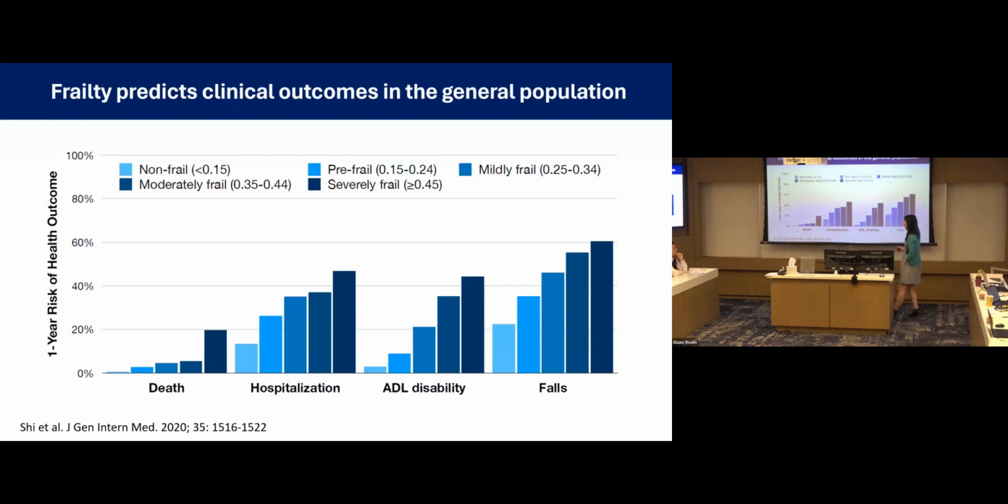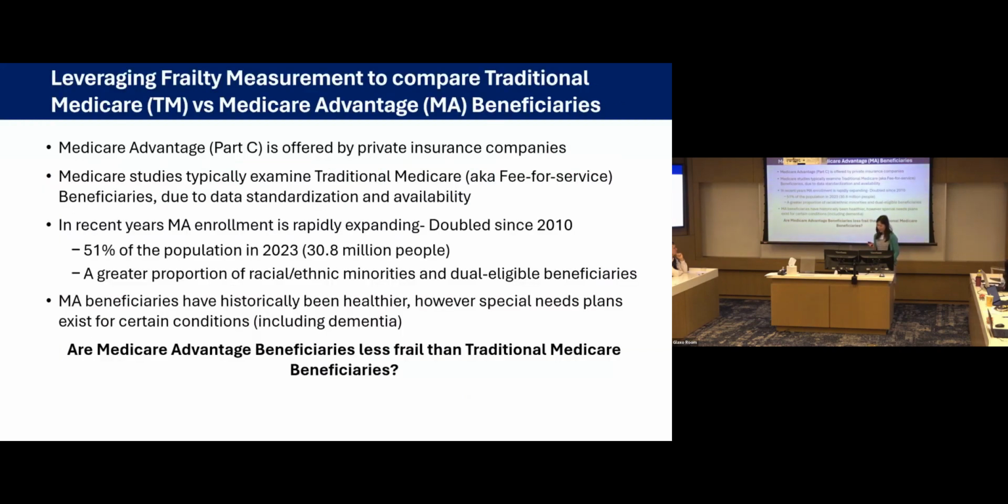What you see is that as frailty level goes up, then so does the risk of, again, poor outcomes like death, hospitalization. This is 1 year ADL disability and reported falls. So this is an extremely useful tool because for me, it's helpful because I can think about something on a 50,000 foot view level, but I also can translate that to a clinical level pretty easily in my head, at least. So one of the first things that we tried to do was look at this.